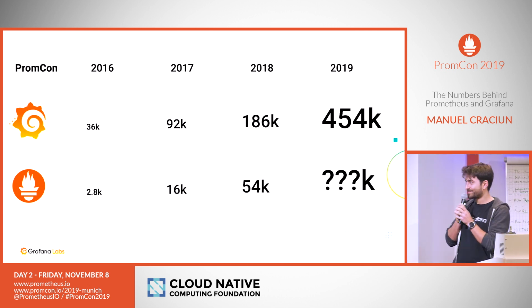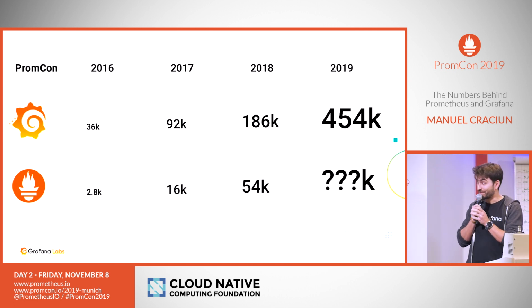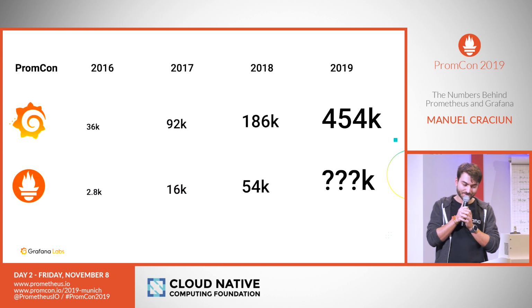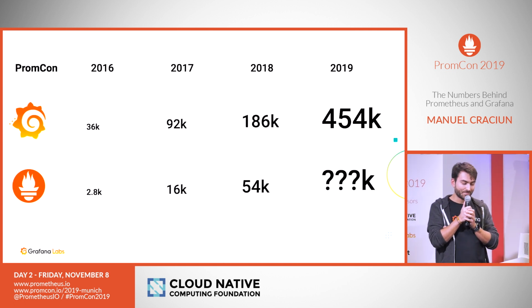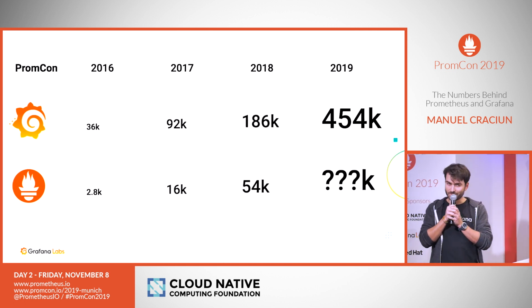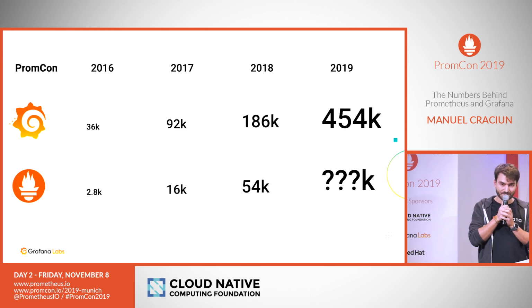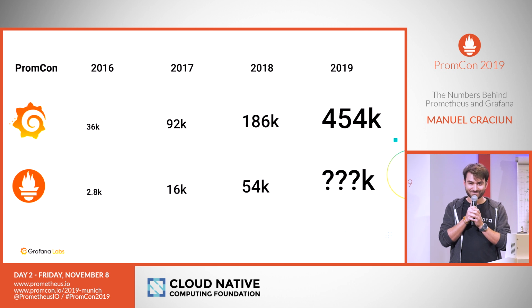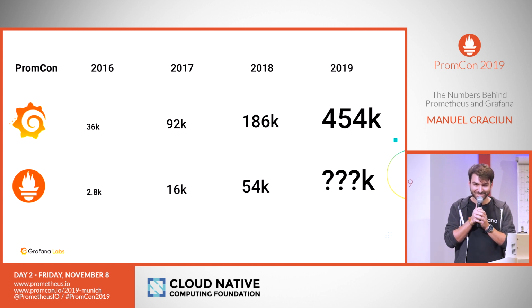Let's move to Prometheus. How many data sources do we see of Prometheus inside Grafana? It was 54,000, going from 16,000. I'm not saying double, because probably we did more than double. But who said triple? 150. Did you share the numbers before? Damn.